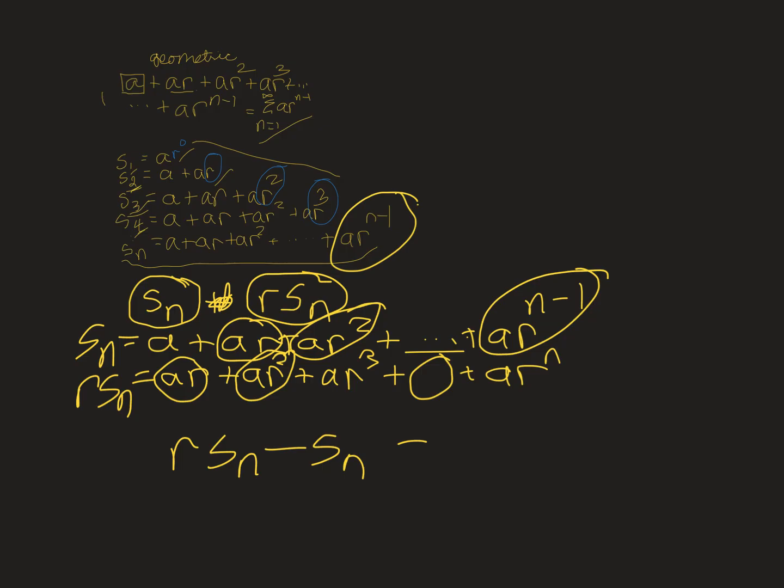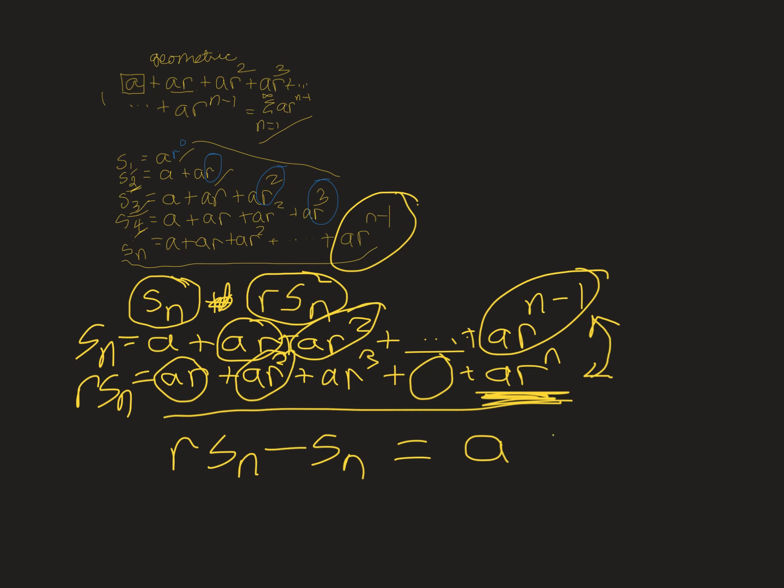I apologize. When we subtract, if we take this one and subtract the one above it, then everything at the end disappears except for the a. So we'll get minus a. In the same way, if we take the second one and subtract the first one, we are left with the ar to the n.